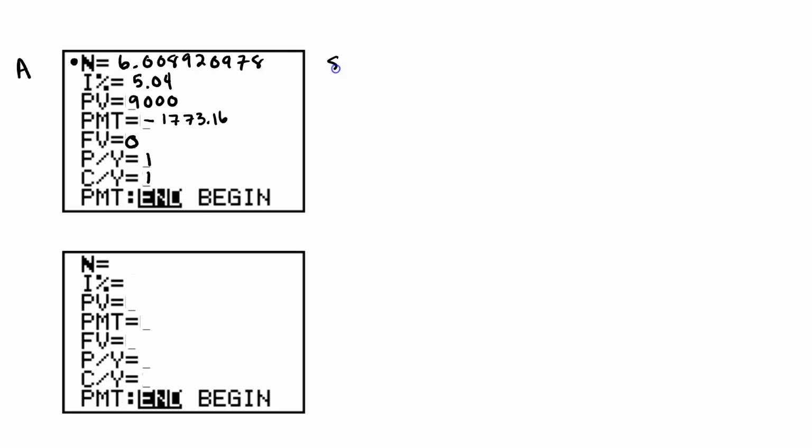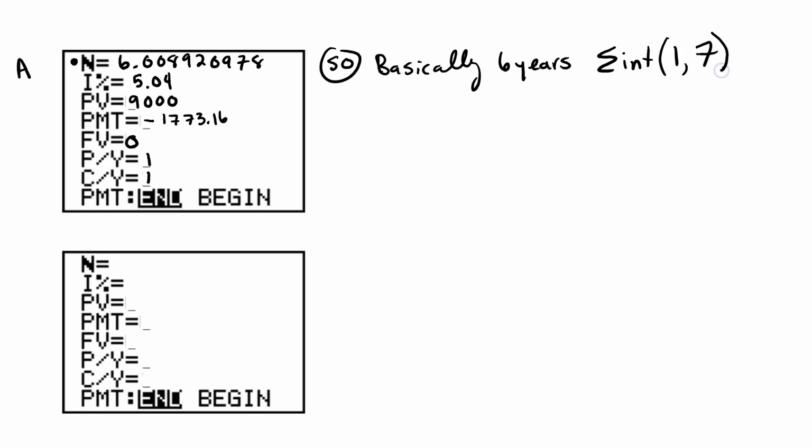Since we're making annual payments and the compounding periods per year is 1, we don't have to divide by anything. So basically 6 years. But it's 6 and a bit, so when we figure out the interest, we go sum int open bracket 1 comma, we have to put it to 7. So let's calculate what that interest is.